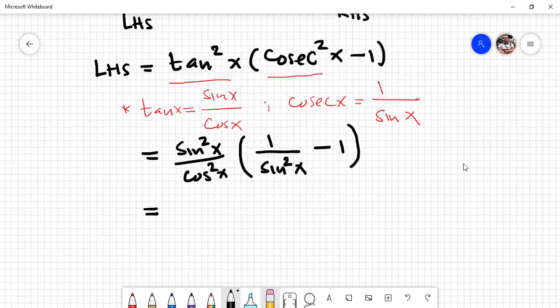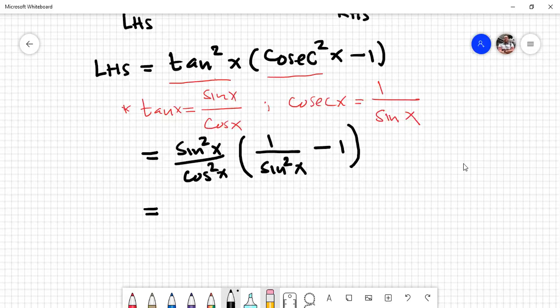Then, since this is outside of the bracket, and inside the bracket we have 1 out of sine square x minus 1, we can distribute this to the bracket. What I mean here is just multiply this into the terms inside the bracket.